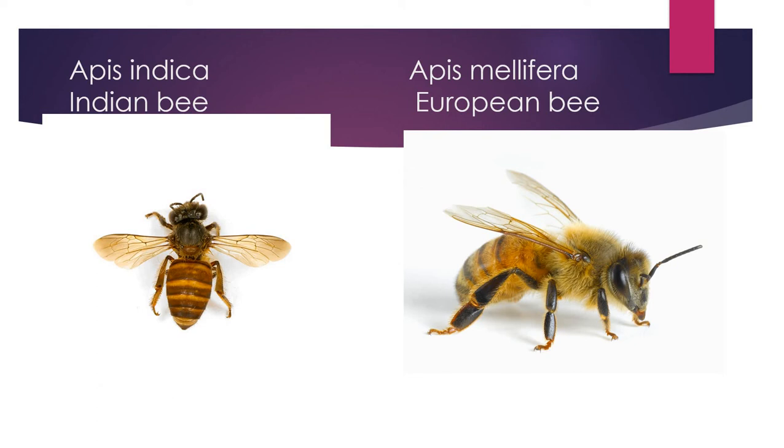You have to write the scientific name correctly, starting with a capital letter, and the second name should start with a small letter. And the spelling also should be correct.